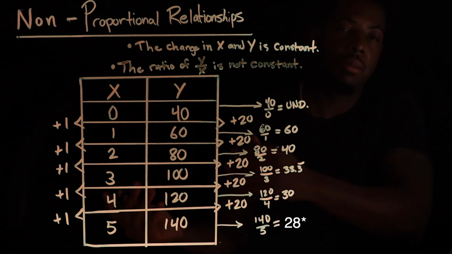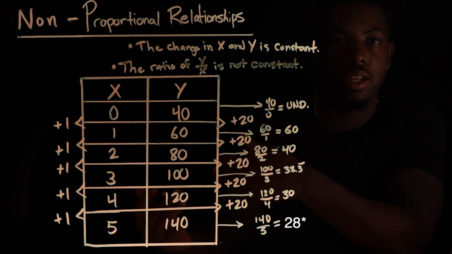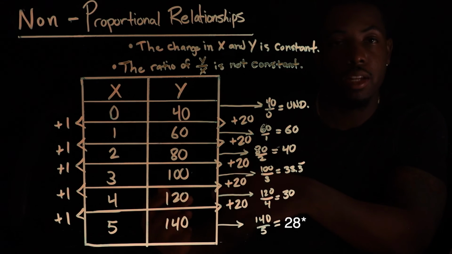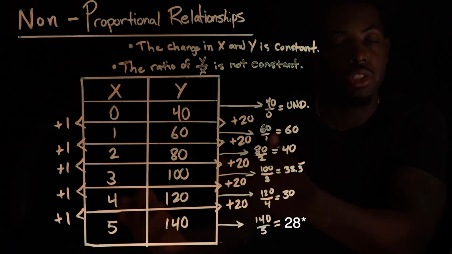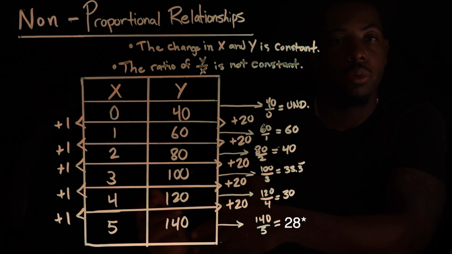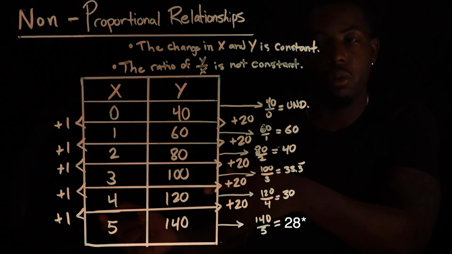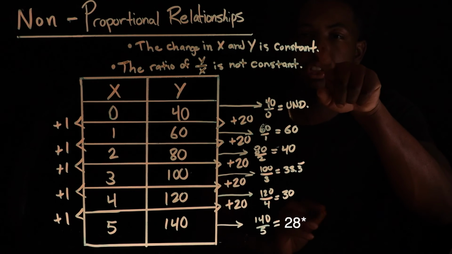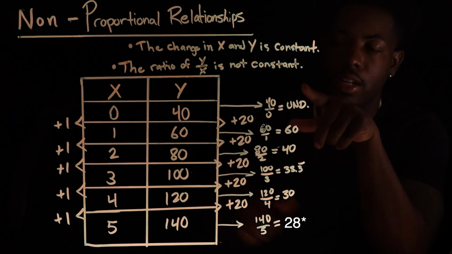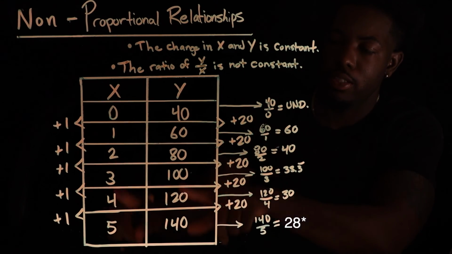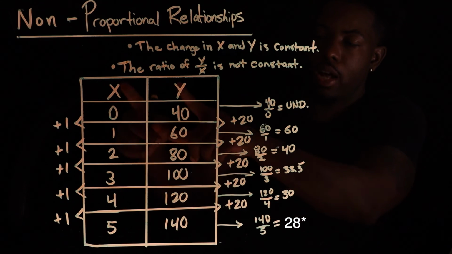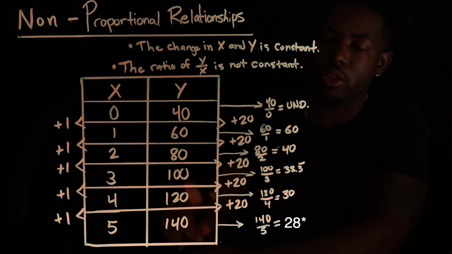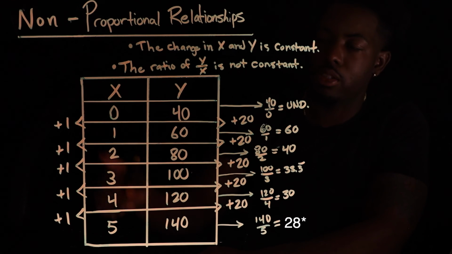So this is the same information that we graphed that we said represented a non-proportional relationship in a graph. And so we brought this information to a table and we came up with these two things. The change in y and x are definitely constant as we look down this table in each column. The change in y is always 20. The change in x is always 1.